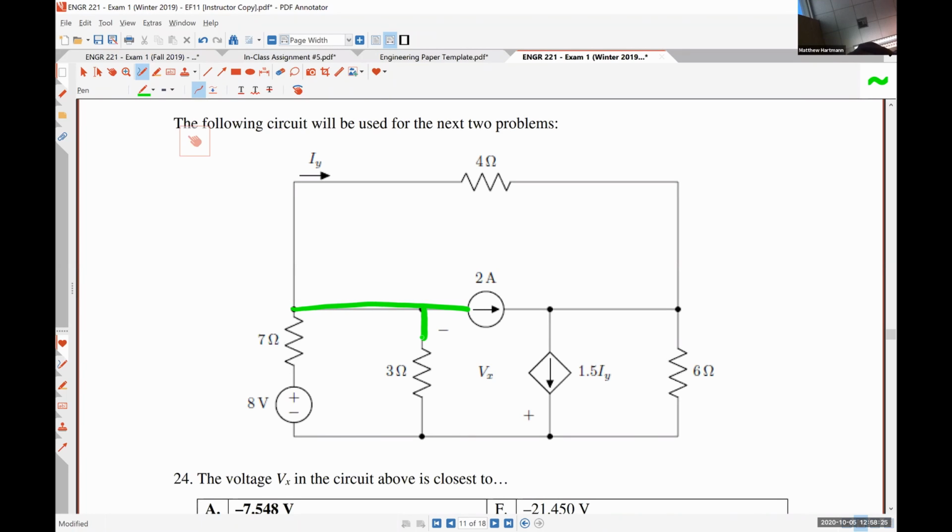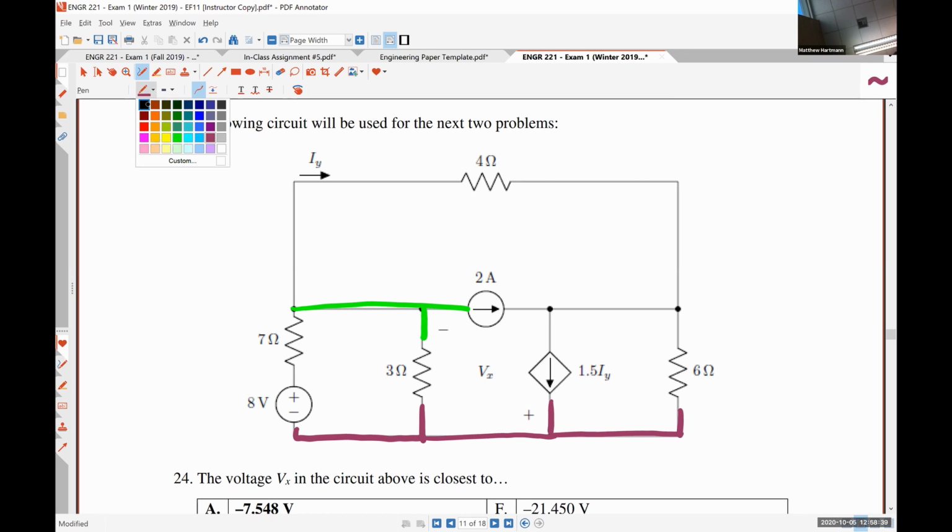So that whole node is connected to the negative polarity terminal. This whole node is connected to the positive polarity terminal. So from that, plus, minus, right, Vx is the voltage drop over the 3 ohm resistor, positive polarity on bottom.